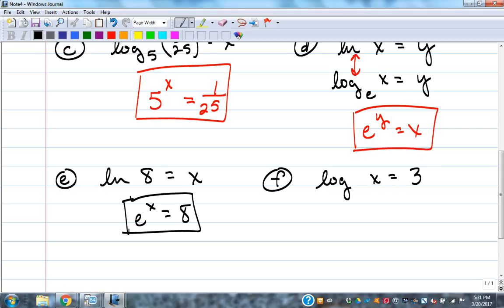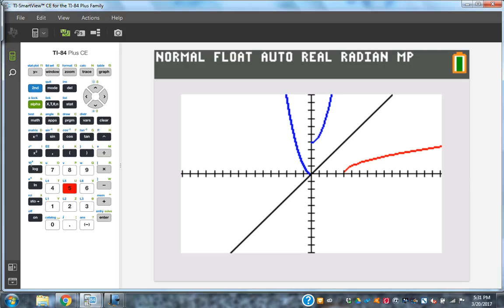So when they write log with nothing written there, that's log base 10. That would be 10 to the third power is equal to x. On your graphing calculator, there's a regular log button down on the left-hand side. That's log base 10, what's called a common log. The natural log and log base 10 are common logs in that they're used more than anything.